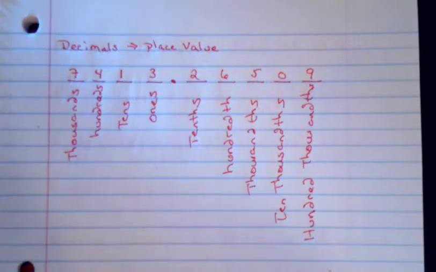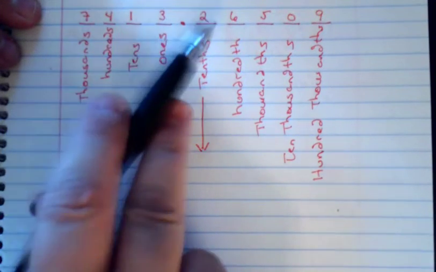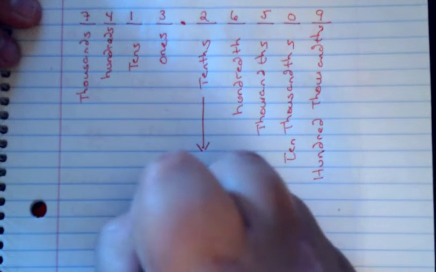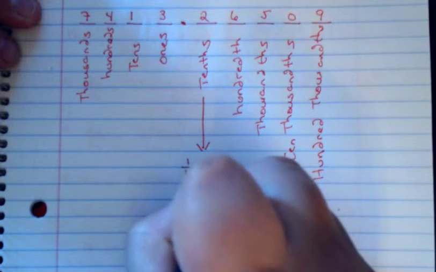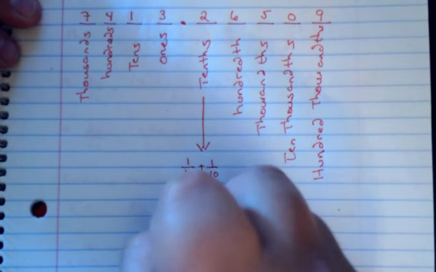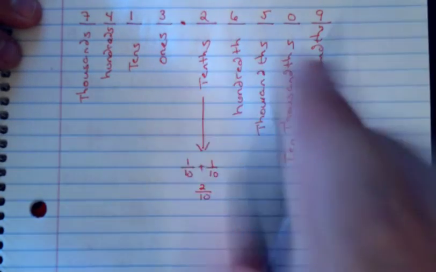Now, why are they called this? Well, this number right here, I'm just going to draw an arrow down. This 2 right here represents 2 tenths. So it is 1/10 plus another 1/10. And so really it is 2 tenths. And that's what this means. So forget all this.